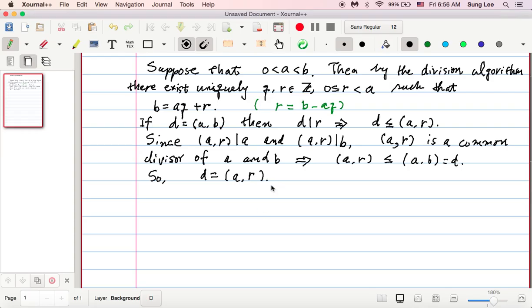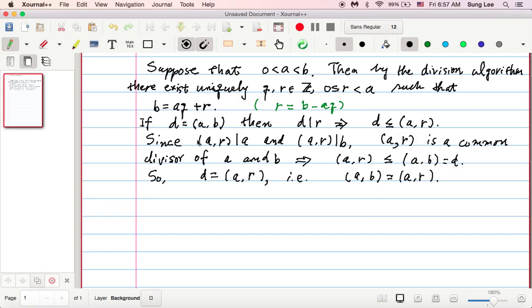So in other words, the greatest common divisor of A and B equals the greatest common divisor of A and R. Okay, so what is so big deal about that?